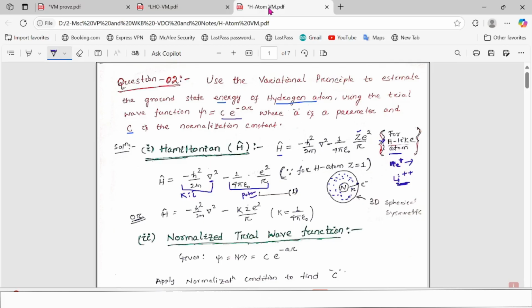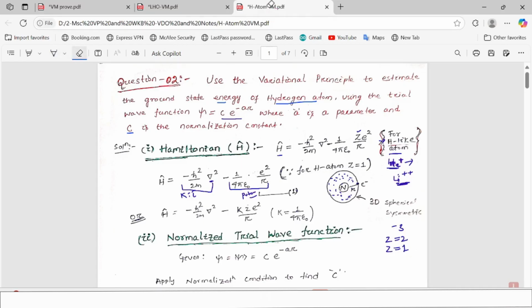If we consider lithium, then this z value will be equal to 3. If we consider helium, then this z value is 2. But in this case, z value will be 1 because we are considering the hydrogen atom.